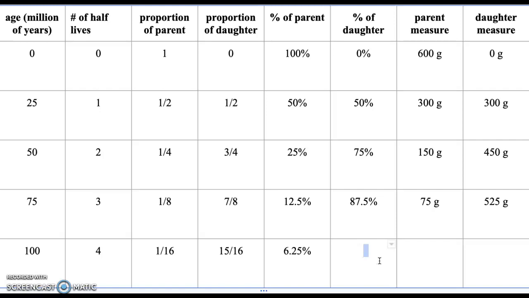And then the percent of daughter is 93.75%. Then the parent measure is 37.5 grams. And then the daughter measure is 562.5 grams.